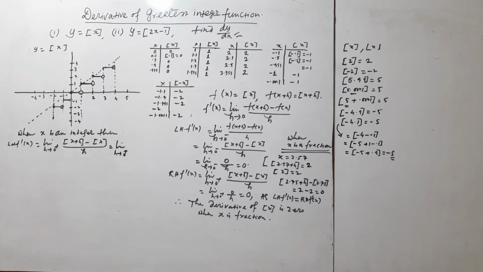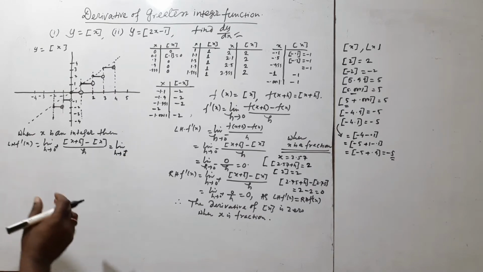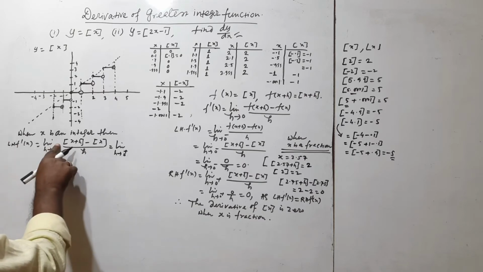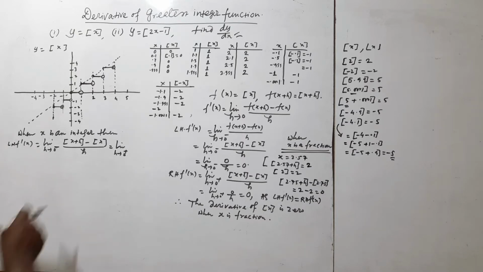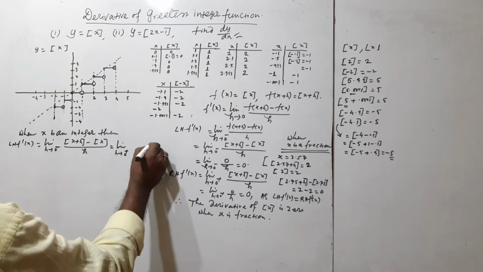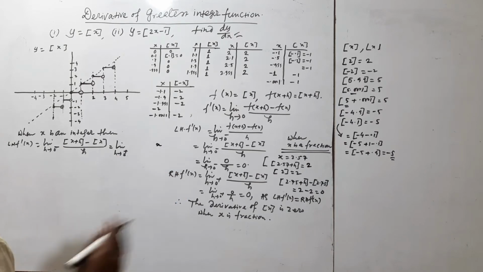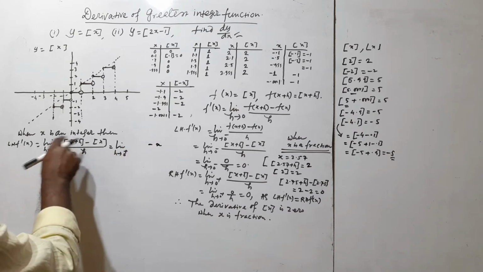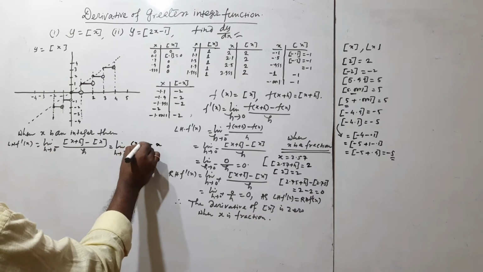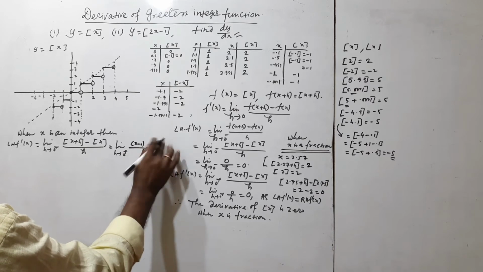So if box is equal to x, then sorry, this is left hand, so h is moving minus. As h is less than 0, it is negative. So if box x is x, as x is an integer, then the value of this expression would be x minus 1 minus x over h.